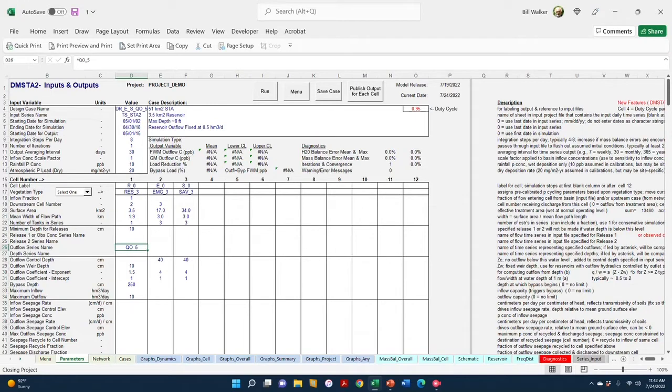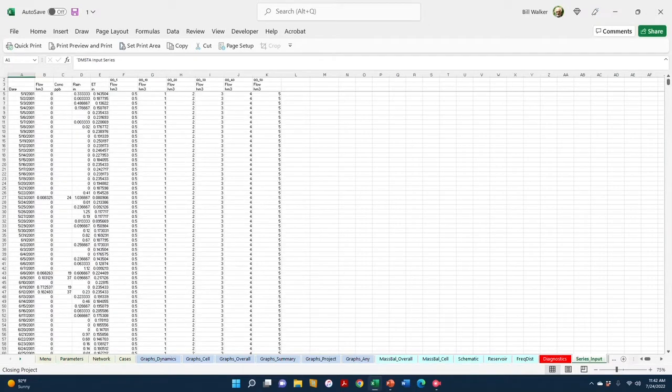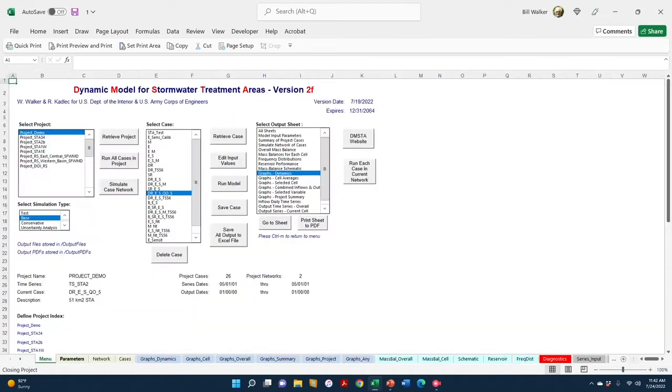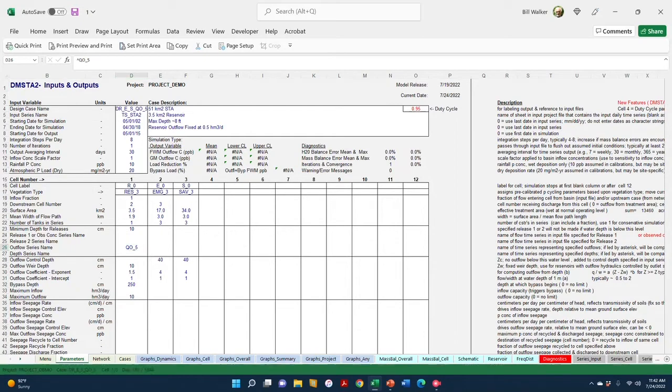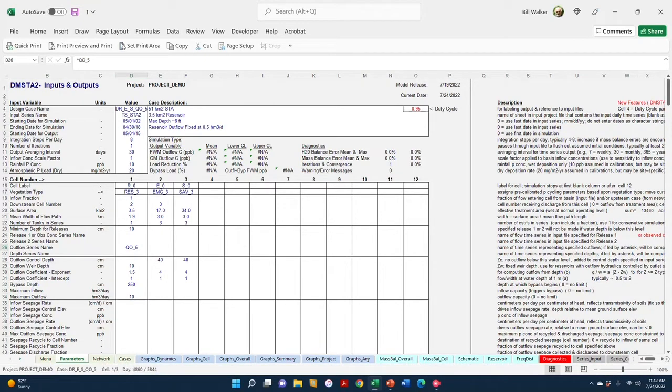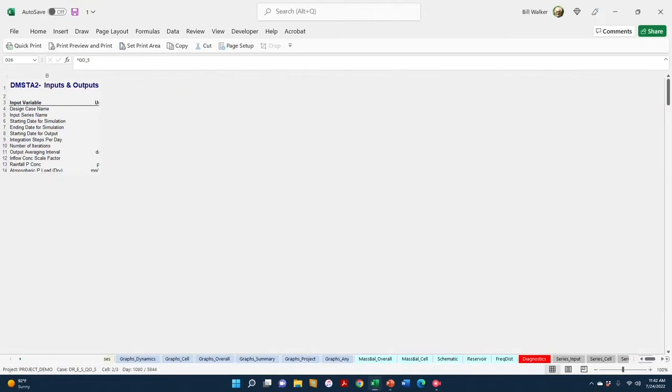So it'll just follow that value. In this case, it's set at 500,000 cubic meters per day, and the input series has an array of between 0.5 and 5 million cubic meters per day. But this one constrains it the most, and I think we'll see the reservoir behaves differently.